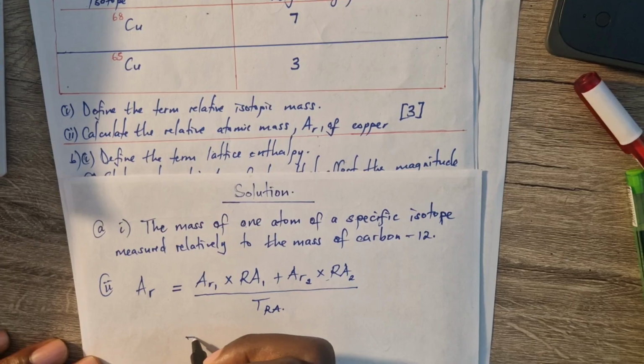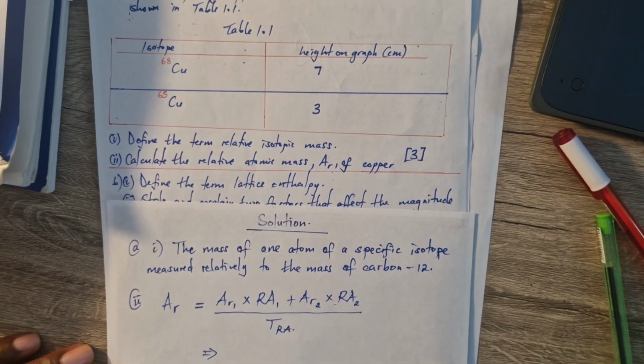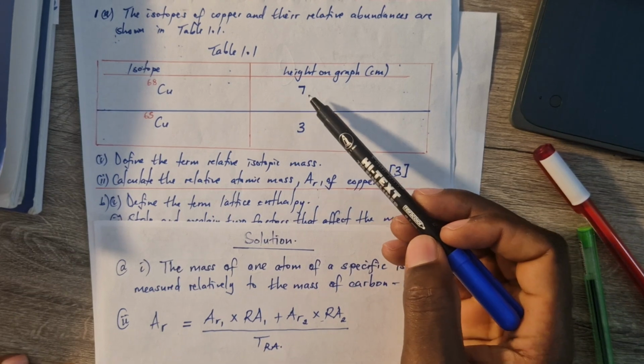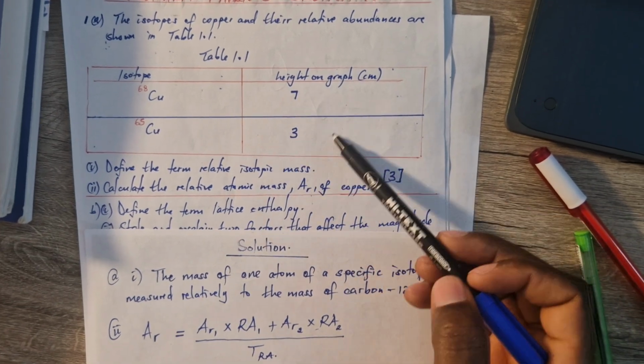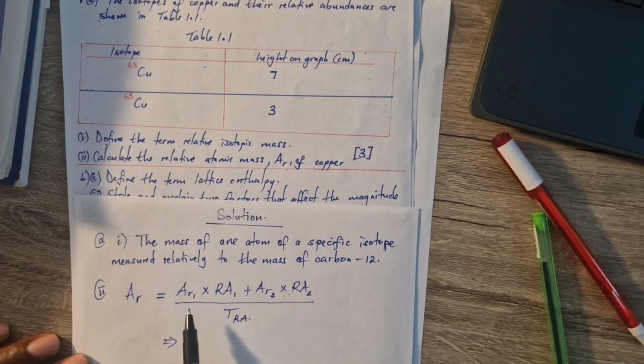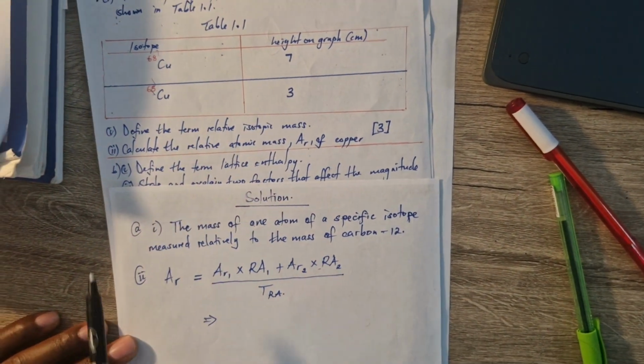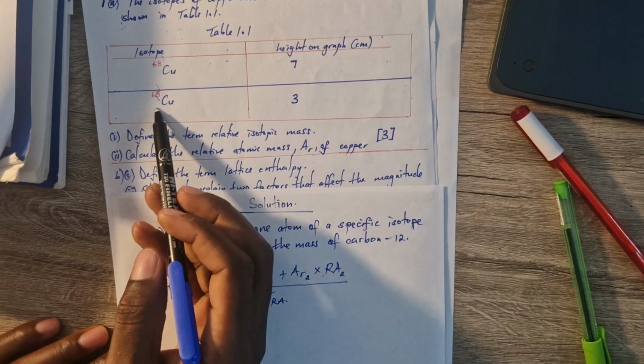So we now substitute. Our relative abundances are given in terms of height. Then the relative isotopic masses are shown here. We have got 68 and 65.